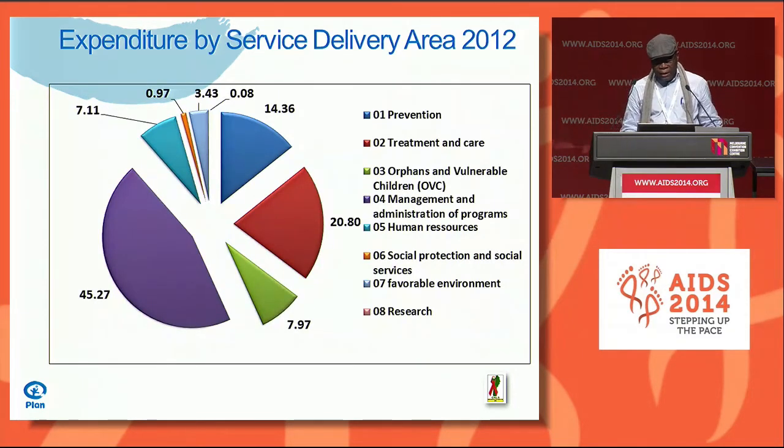According to the service delivery area, treatment and care are where a lot of expenditure was made. And also we can see that prevention has a good rating, and management and administration of the program have the highest rating in this expenditure.